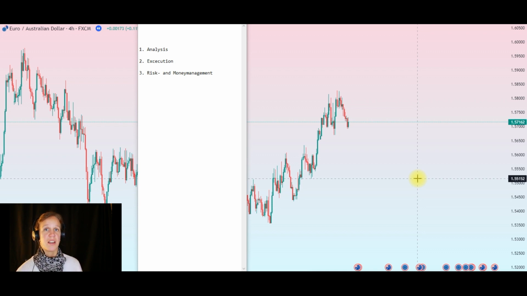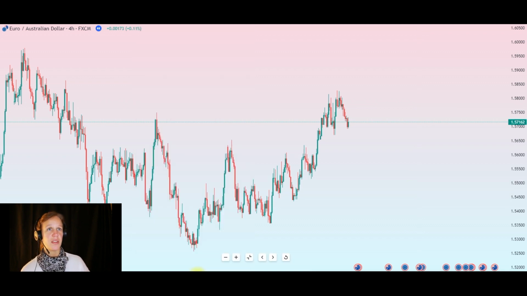This is the biggest and most important part in order to be able to continue after that with the execution. The execution contains everything the name says, what needs to be executed. This is definitely entry and exit. But let's not stay in theory, let's do the practice and jump onto the chart.